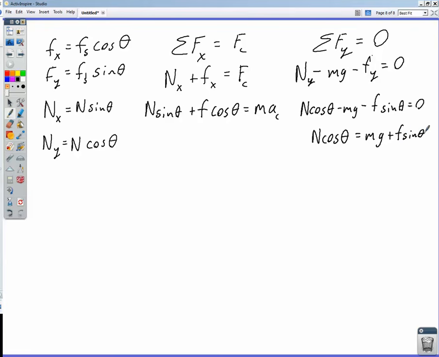We have to resolve our frictional forces because those are coefficients times normal forces. So let's do that on both sides. We've got the normal force times the sine of theta plus mu times the normal force times the cosine of theta is equal to m a sub c. On the right side, we have N cos theta is equal to mg plus mu N sine theta.